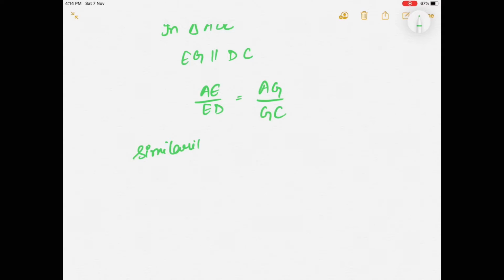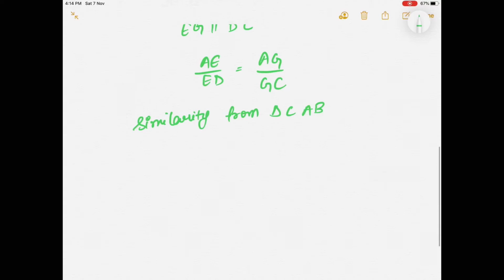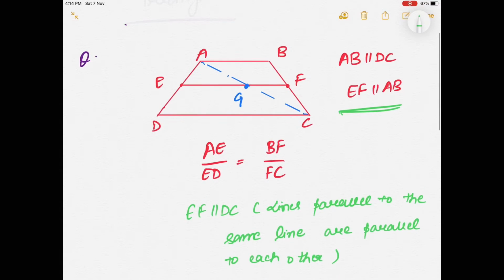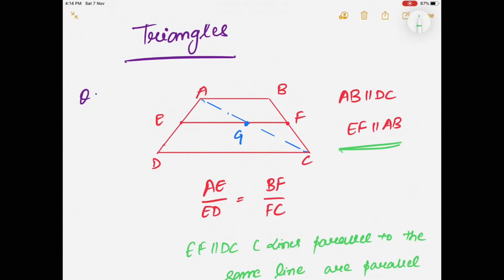So on the basis of similarity from triangle CAB, CG by AG is equal to CF by BF, as this line is dividing it in the same ratio.